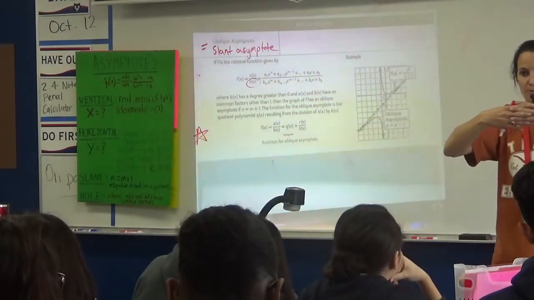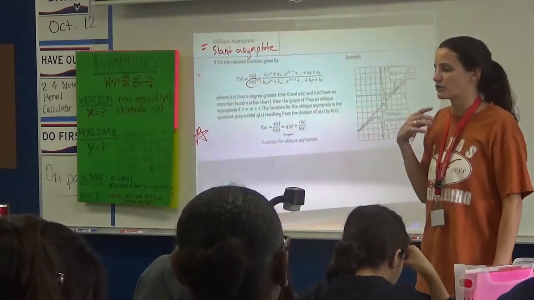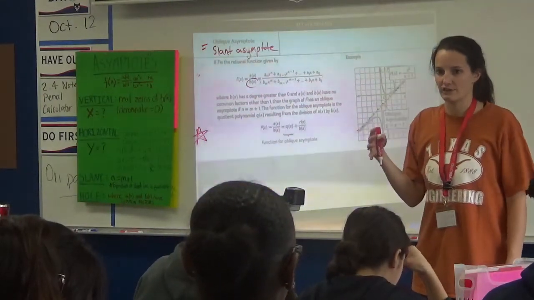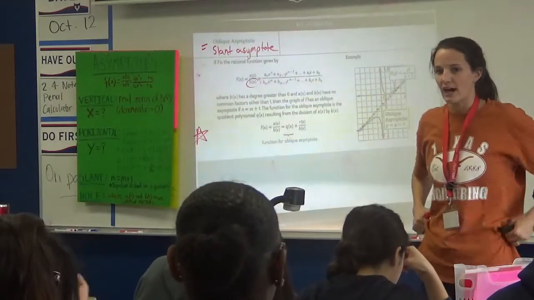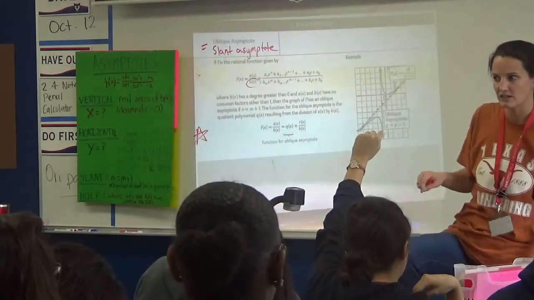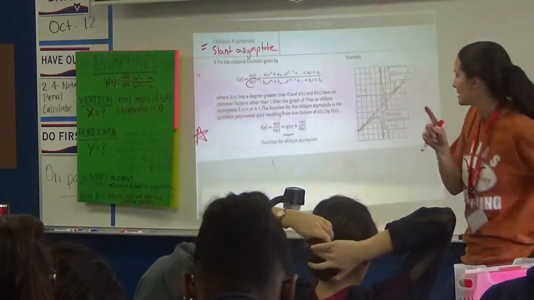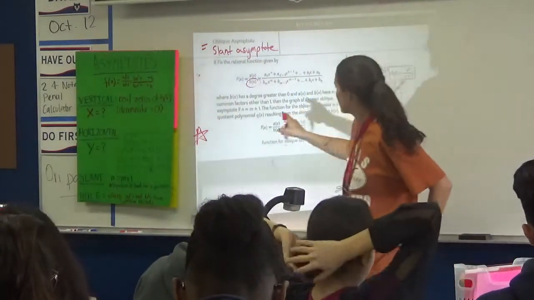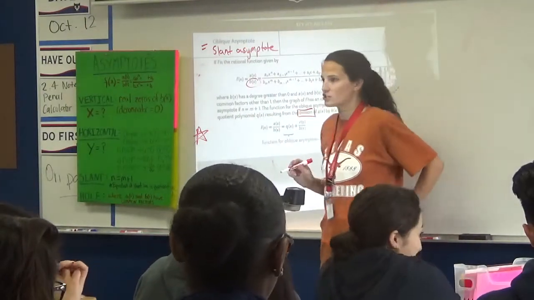So let's dig in a little bit deeper though. Did anyone notice anything about what it said about how we actually will find the oblique asymptote? So if all that stuff works, it talks about a bunch of stuff, how do we actually find the oblique asymptote? Anyone pick up on that? Melanie, what do you get? Divide. The key word here is it says it is the quotient polynomial resulting from the division.